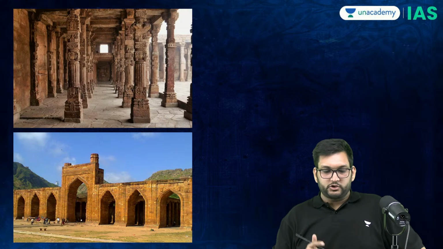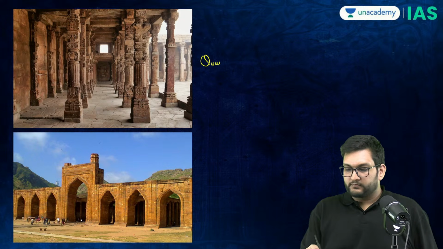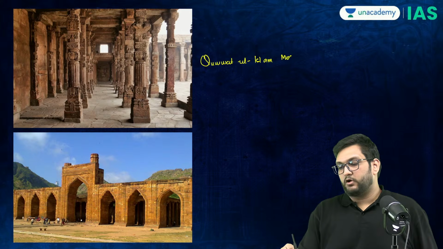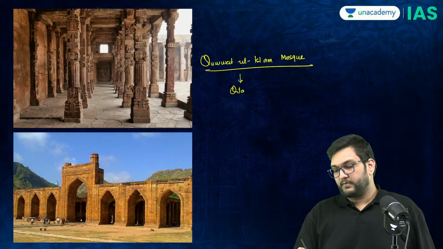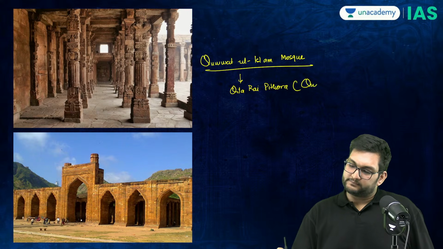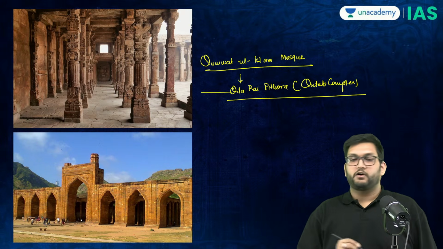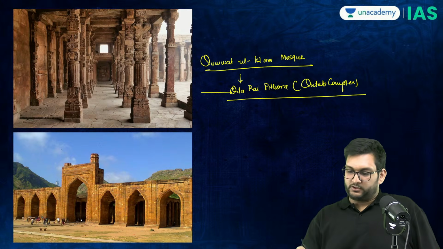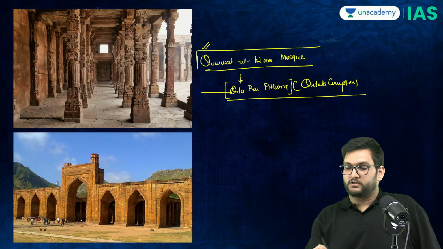And this is where two very important structures are there. One is called Quwwat ul Islam Mosque. This is within Qila Rai Pithora, now known as the Qutub complex. So it is first the use of a Tomar Chauhan structure itself, Indraprastha Qila Rai Pithora, and within it a mosque which is called Quwwat ul Islam.